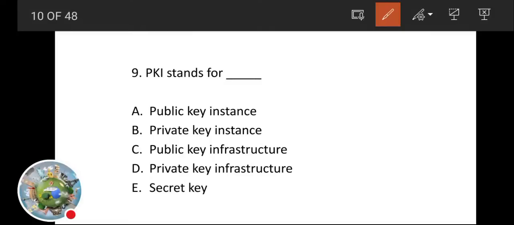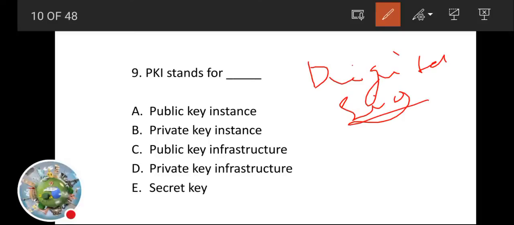So this PKI concept is used in digital signatures. In a digital signature, what concept is used? To encrypt your signature, it uses the sender's public key.